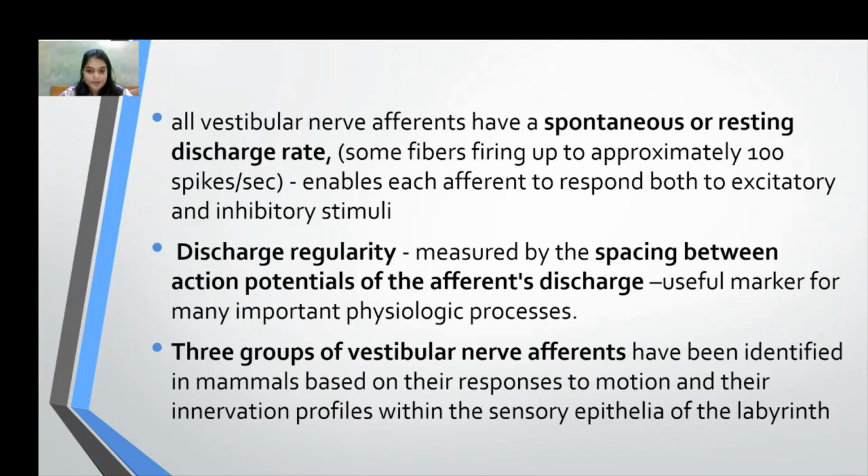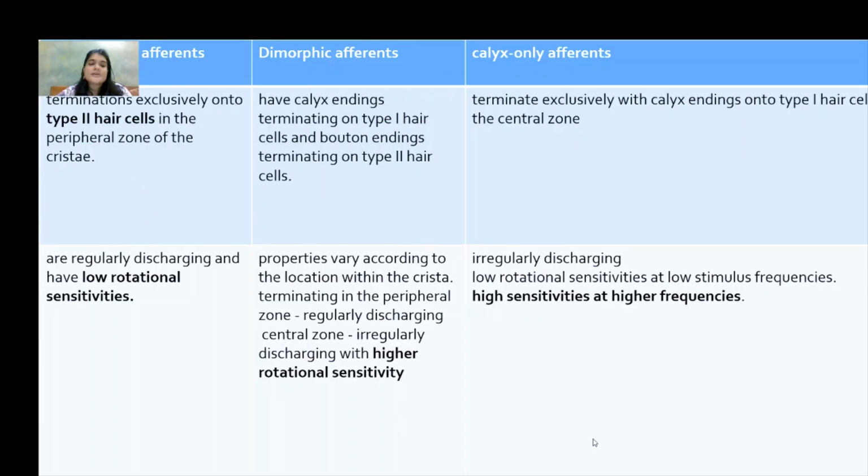normal physiological process. There are three types of vestibular nerve afferents identified in mammals based on their response to motion and their innervation profiles. The first one is bouton-only afferents, that is, bouton afferents only. In the previous pictures I have shown you type 1 and type 2 hair cells.